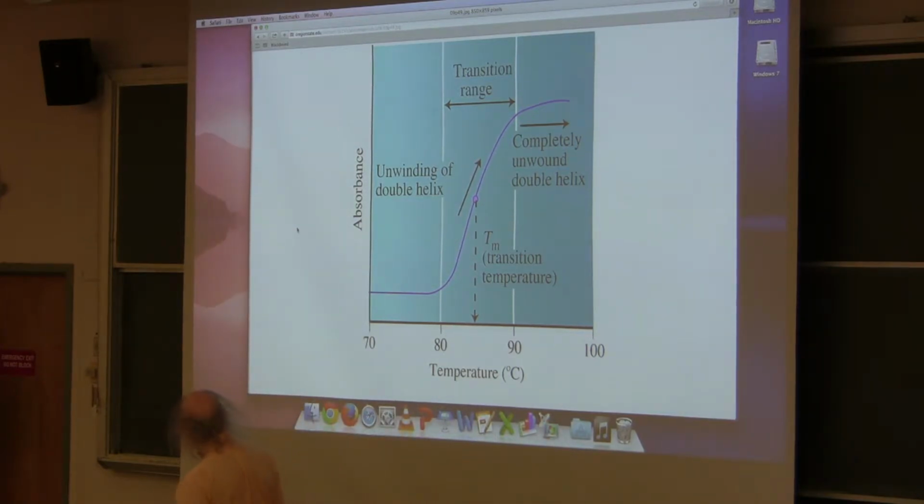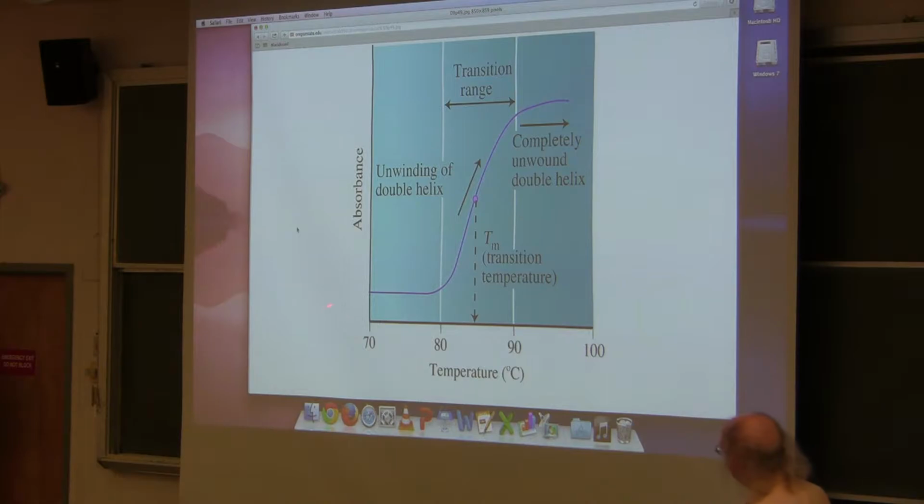So what you see on the screen here is a plot of absorbance versus the temperature of the solution that the DNA is in. And you see something interesting happen. It turns out that DNA absorbs light pretty strongly at a wavelength of about 260 nanometers.